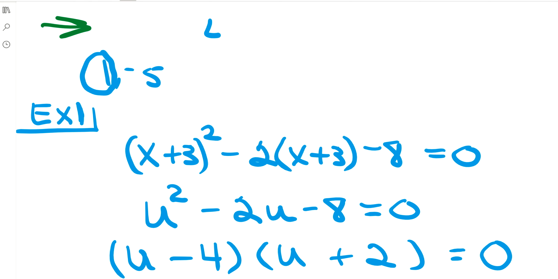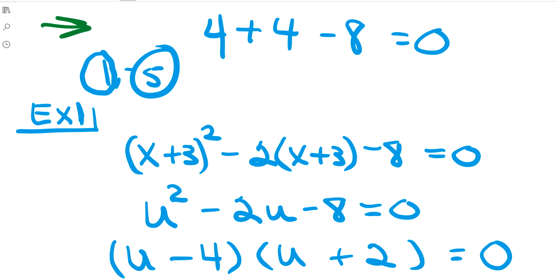And then I've got negative 5 here for this x, plus 3 is still negative 2, and negative 2 times negative 2 is positive 4, minus 8. So 4 plus 4 minus 8 equals 0. So that checks out too. Both of those were our solutions for that problem.